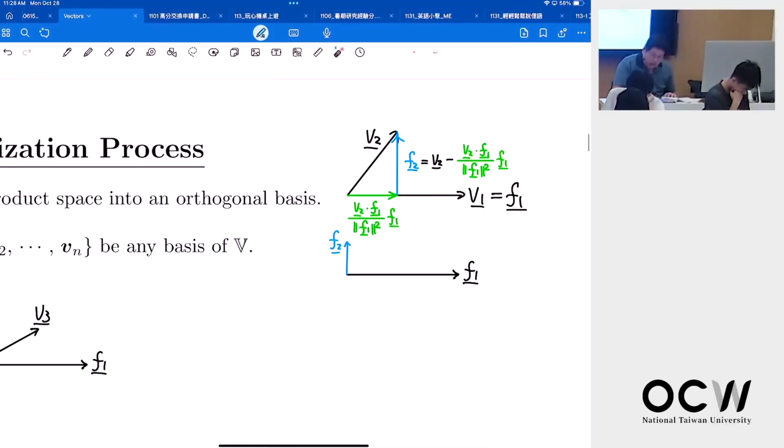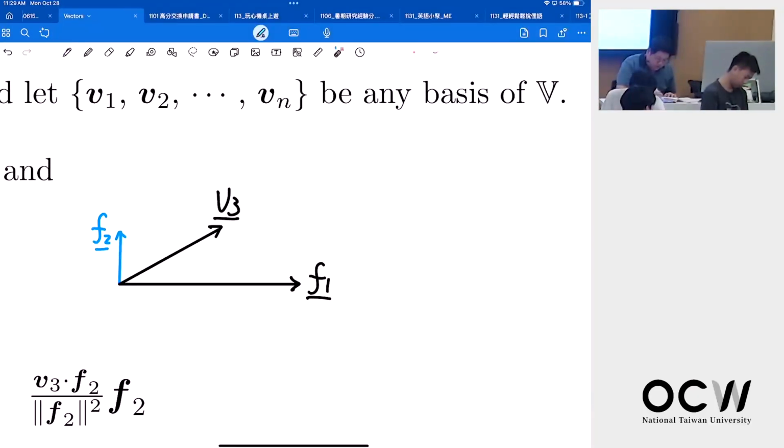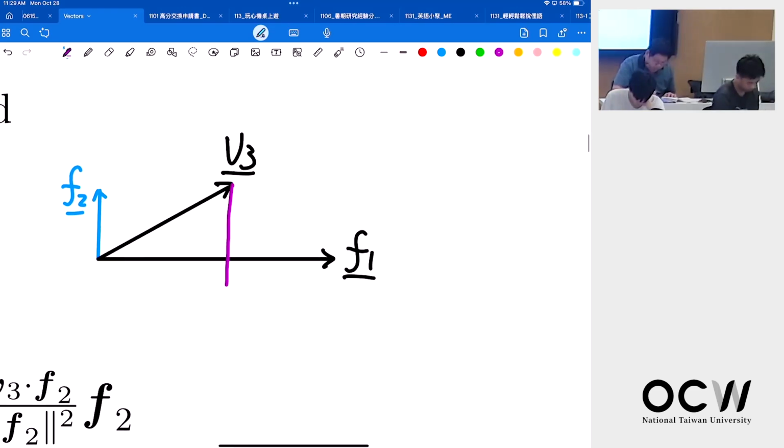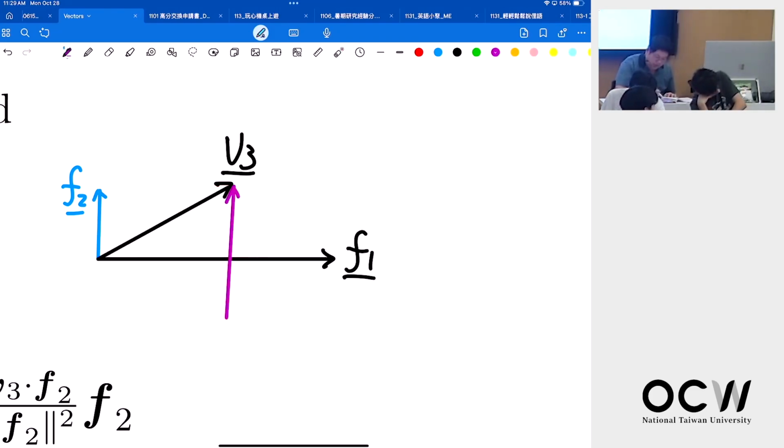When we project, I always have something parallel with one direction, and the other one is perpendicular to that direction. So here I'll project to the direction of f2. Here is the projection, right? And the other one will be the perpendicular one.